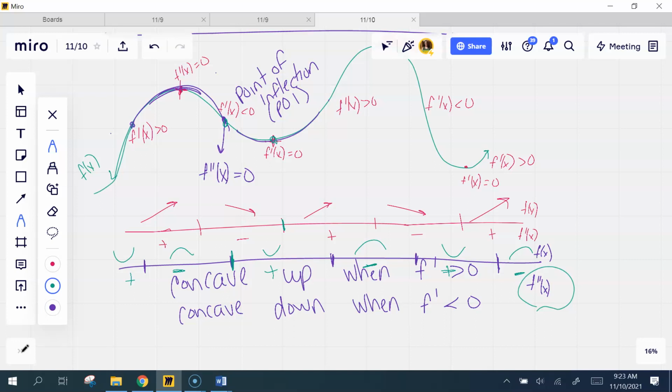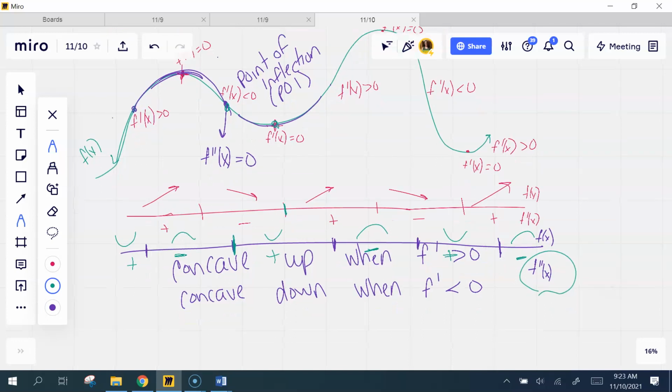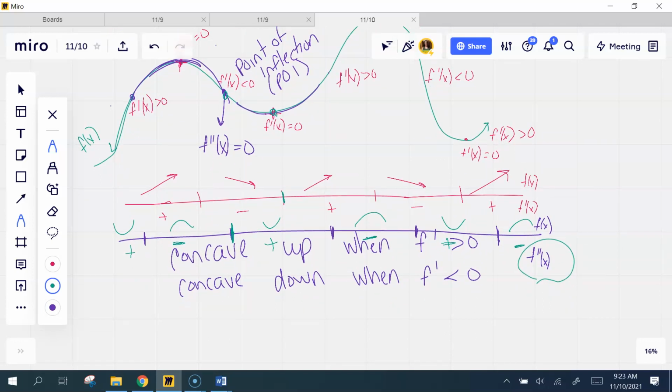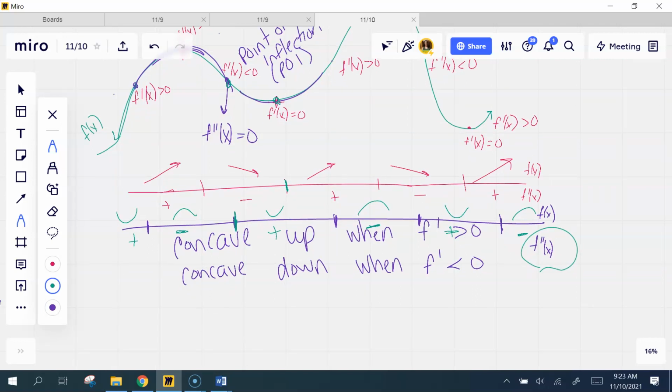Now, let me say this also. You have to kind of think about this. Think about the way derivatives are. What might be happening on the graph of the derivative that indicates a point of inflection on the original graph? And what happens at change of direction points? Signs change.